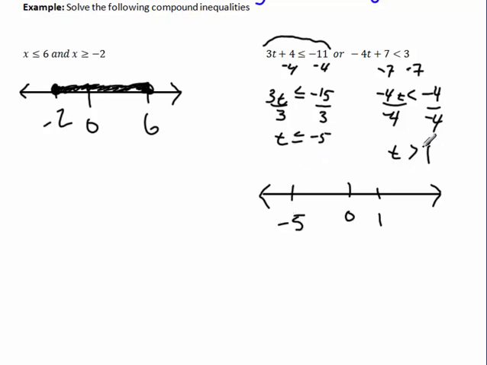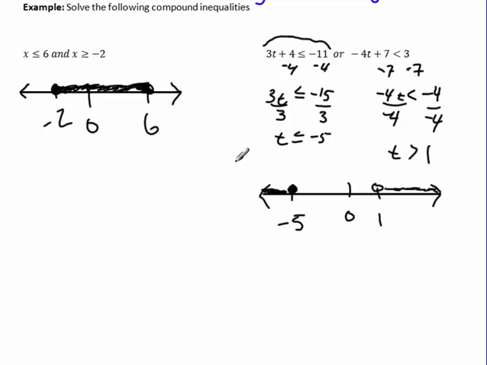These are my comparison numbers, right? So it says t is less than or equal to negative 5, so that's going to be a closed dot right here at negative 5, and we're going to shade to the left. And for t is greater than 1, it's going to be an open circle at 1, and since it's greater, it's going to be shading to the right.